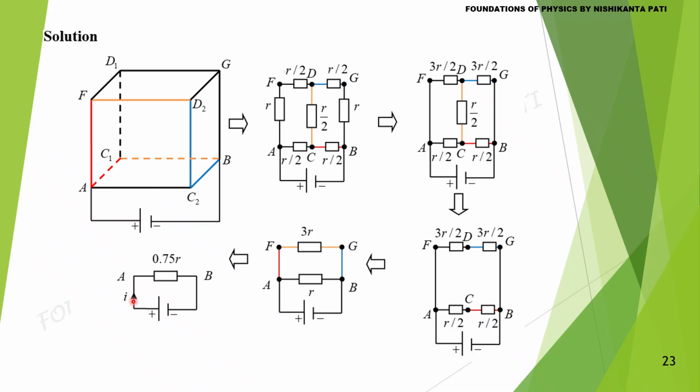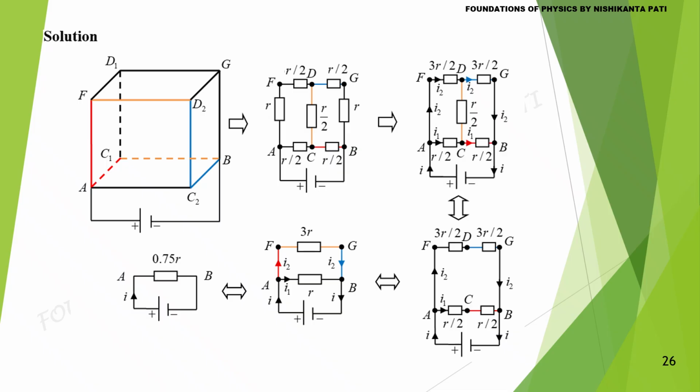Let current I flow. I divided into I1, I2. I1 flowing, I2 flowing, no current flows along DC path. 3R by 2, this is the series combination of R and R by 2.